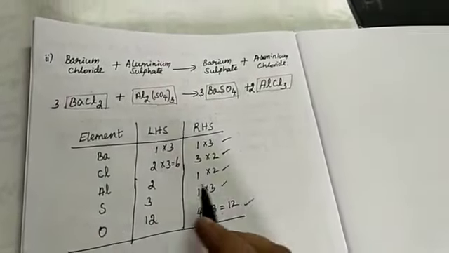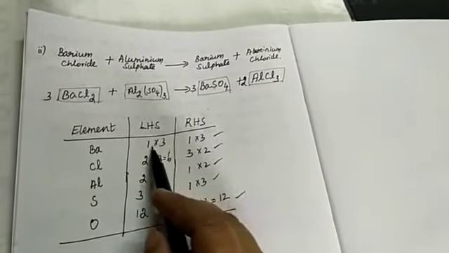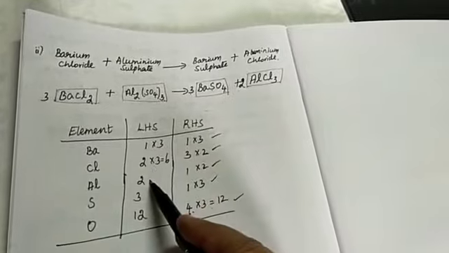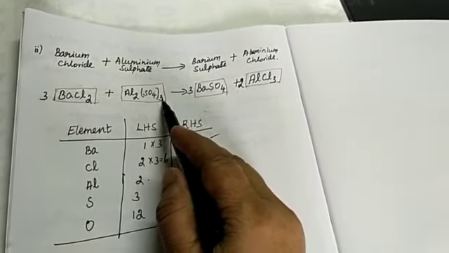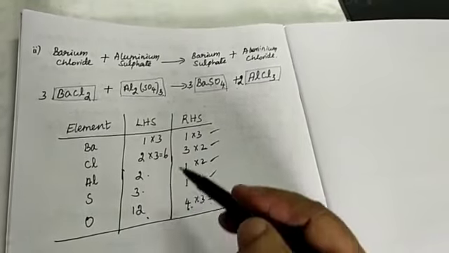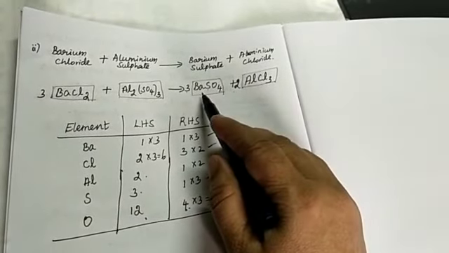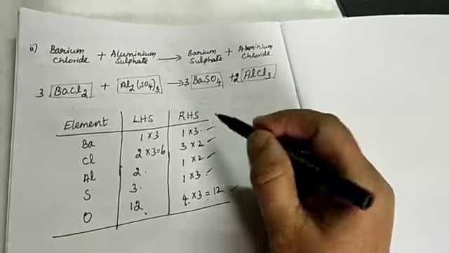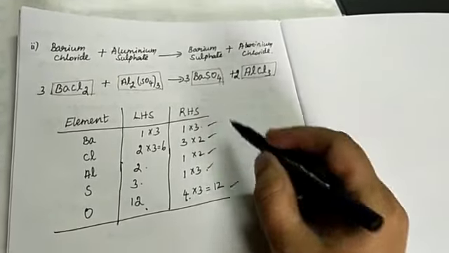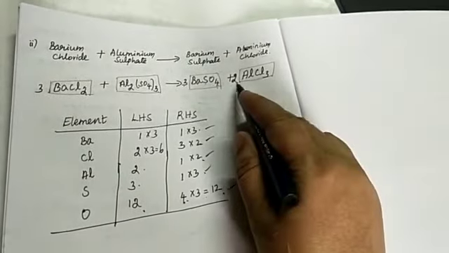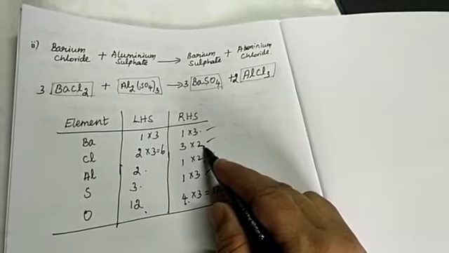If you want, we can check one more time. So here 3 Ba, 3 2s are 6 Cl, 2 Al and 3 sulfur, 4 3s are 12 oxygen. Now in RHS also we'll check: 3 Ba and 3 sulfur and 3 into 4, 12 oxygen, and 2 Al, 2 3s are 6 Cl.